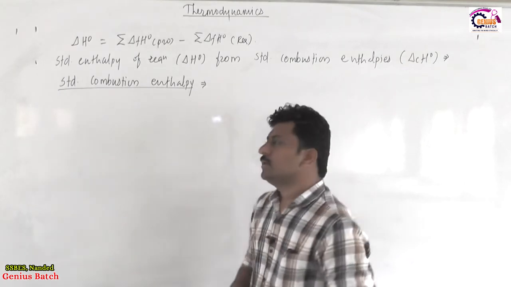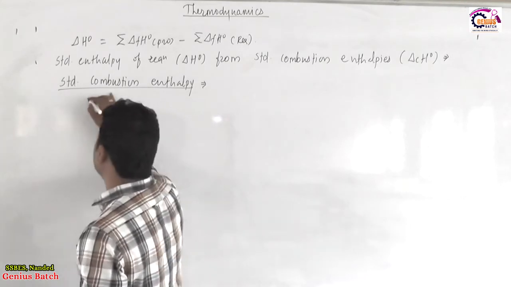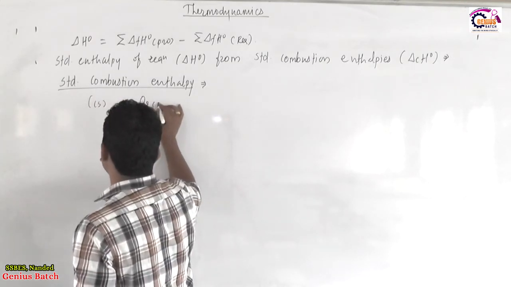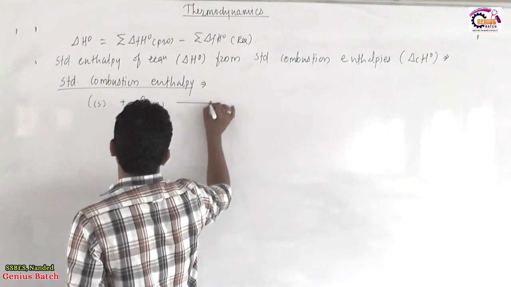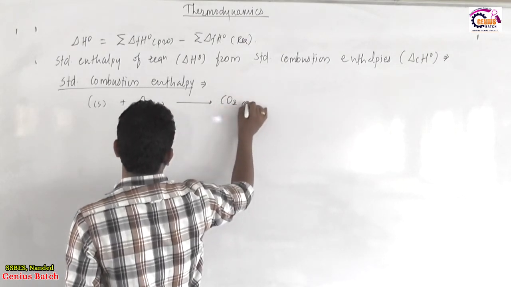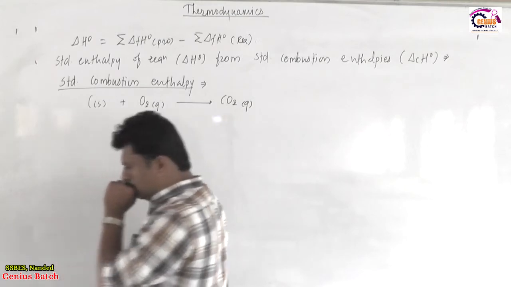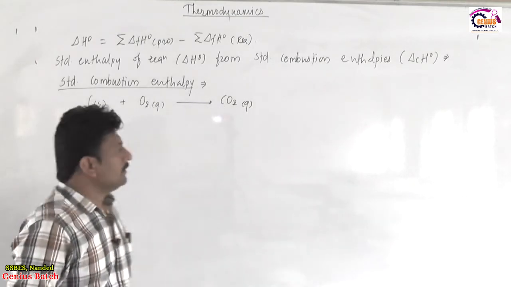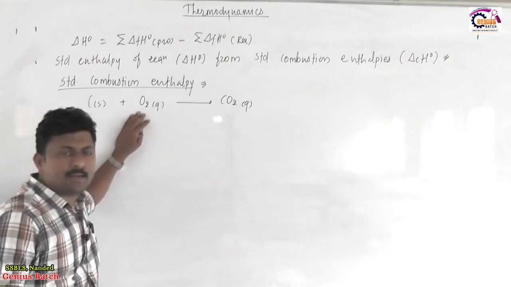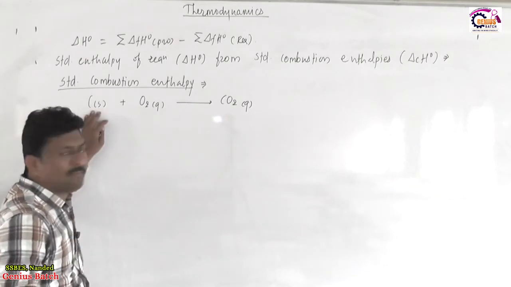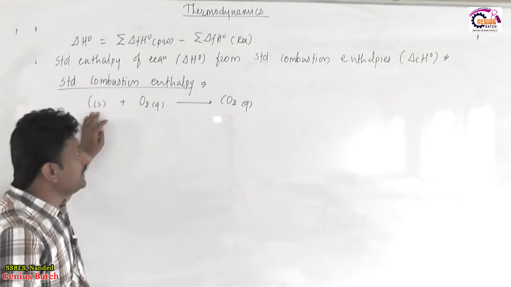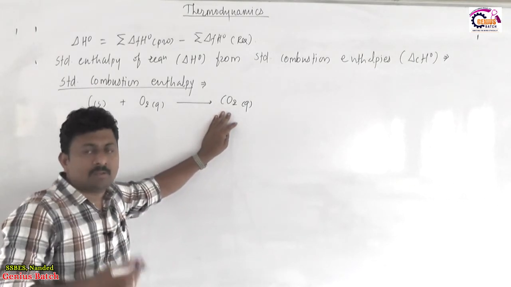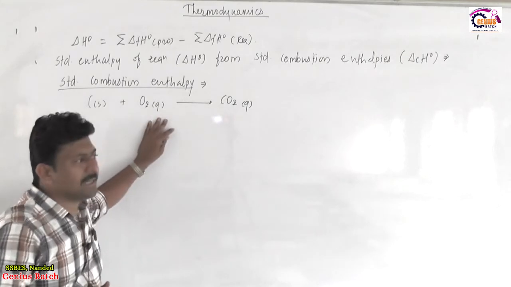Now, suppose solid carbon is reacted with excess of oxygen and it is converted to gaseous CO2. In this reaction, oxygen is conducting combustion of carbon and converting it into carbon dioxide. Now, this reaction will be a combustion reaction.